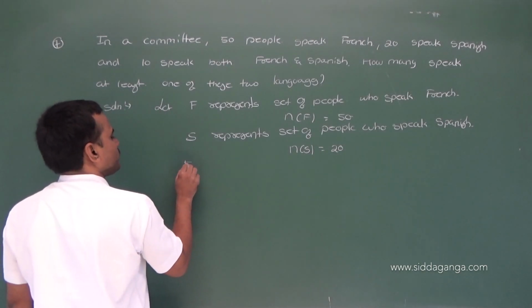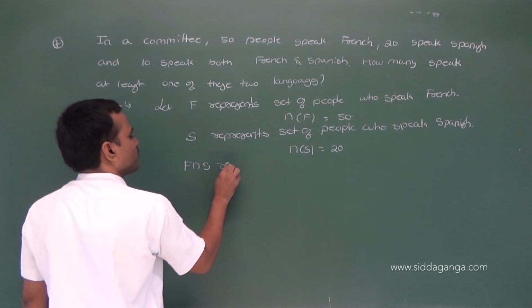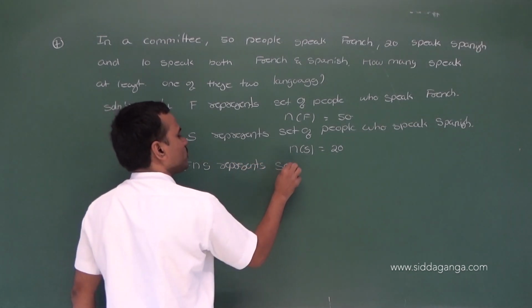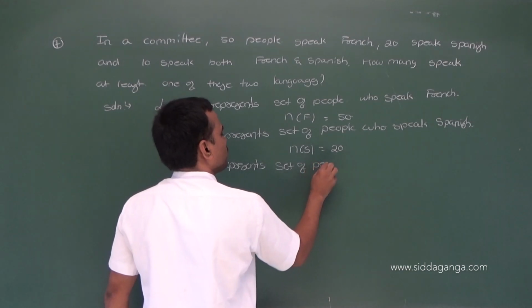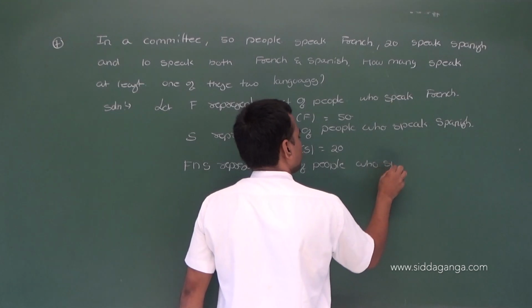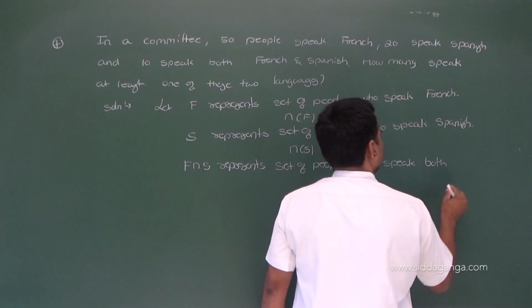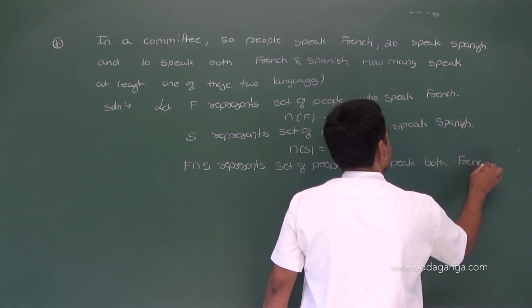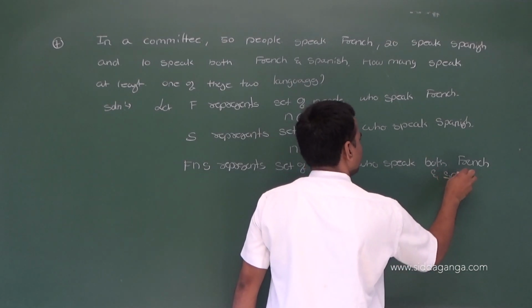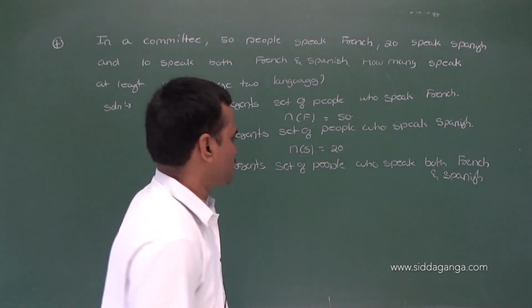Next line, F intersection S represents the set of people who speak both French and Spanish.